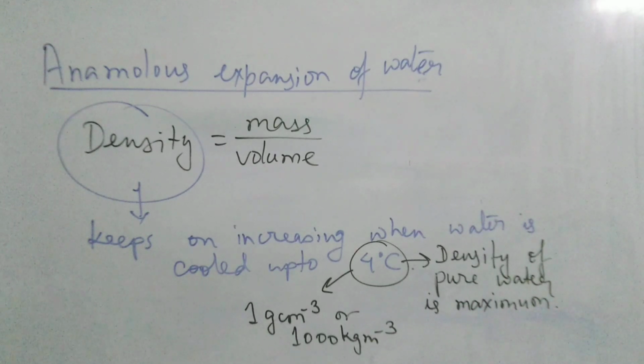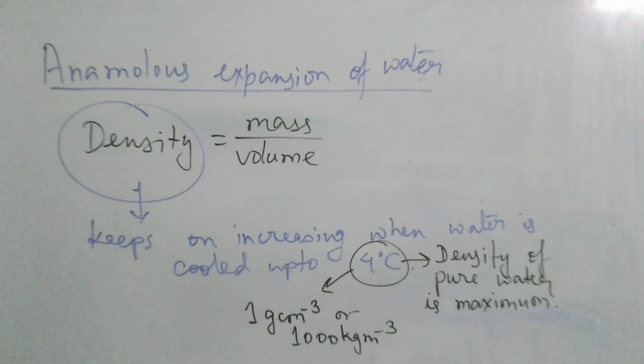So I hope it is clear, and this is why ice floats on water. Because when water at 0 degrees centigrade freezes into ice, that ice has a density less than that of water, because water at a temperature slightly above 0 degrees centigrade has greater density than ice. We learned about flotation and sinking in the previous chapter.